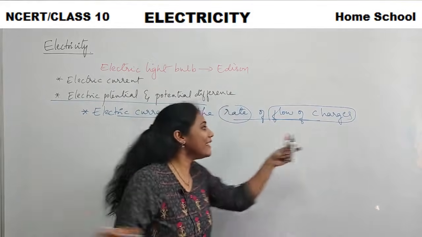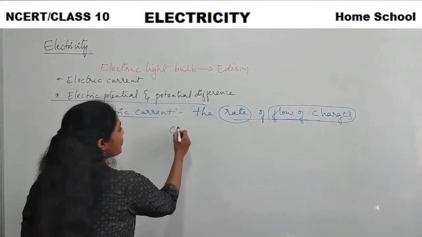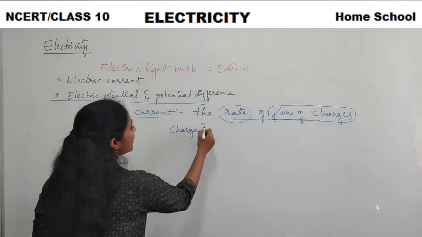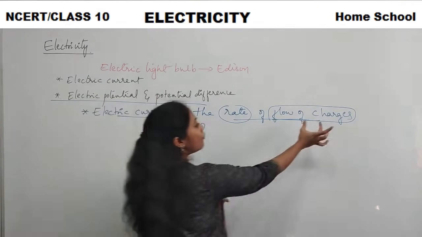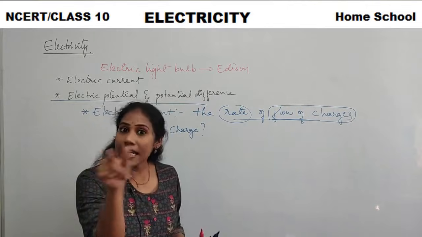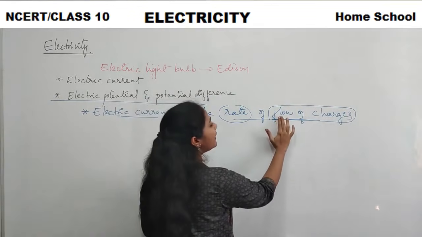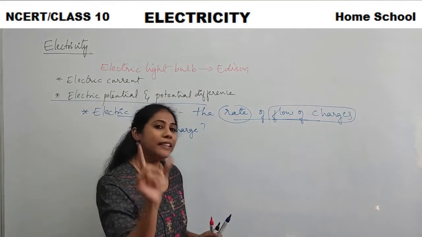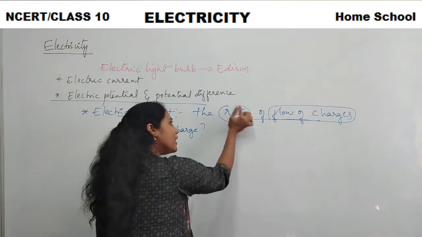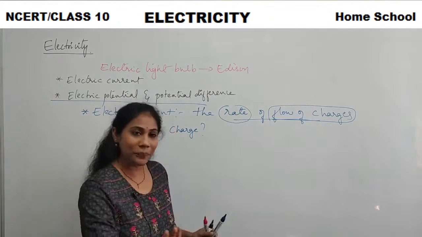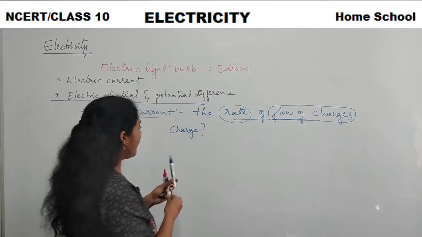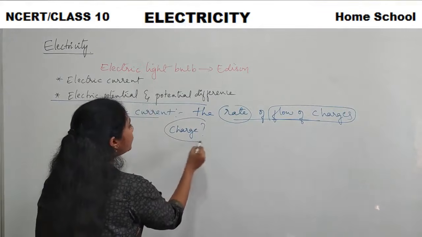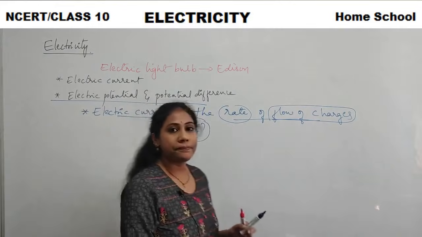What exactly is the charge? What do you mean by a charge here? First we will learn what we mean by charges. Later we will study the meaning of flow of charges. And finally we will come to the word called rate. Clear?